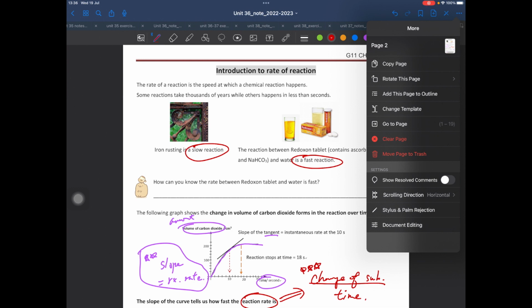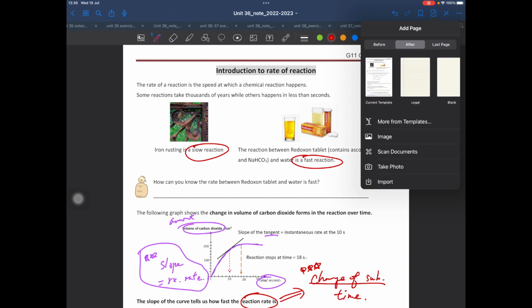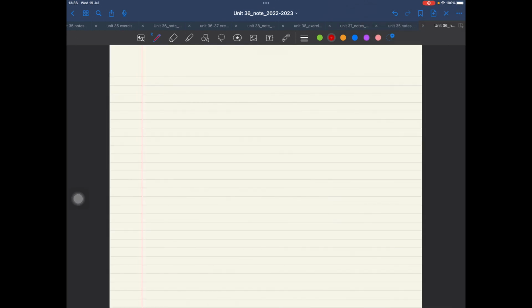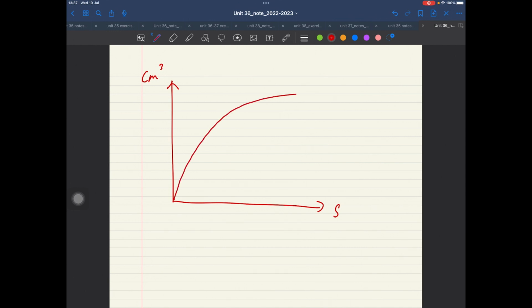So we can see, for example, this is amount, in cm cube, and this is time in seconds. So for a reaction like this, if you interpret the slope as the reaction rate, at the starting part, and this is at the end, you can of course understand that at the start the reaction rate will be faster, right? At the end the reaction rate has almost stopped.